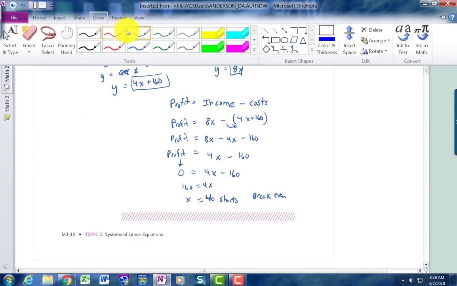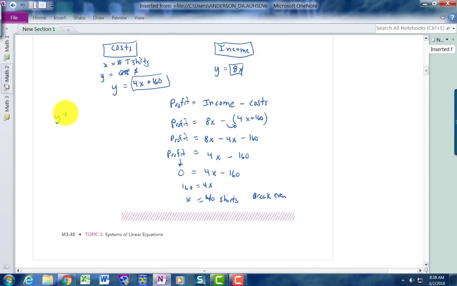So for example, if you plug x equals 40 into y equals 4x plus 160, you get y is equal to 160 plus 160. So therefore y equals $320. So your cost at that particular point would be $320.